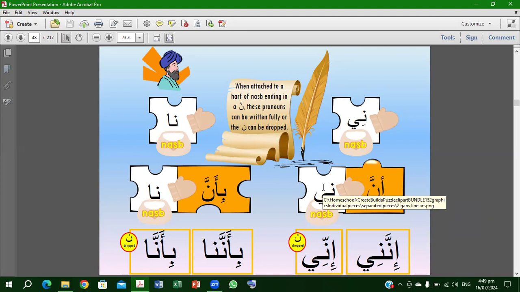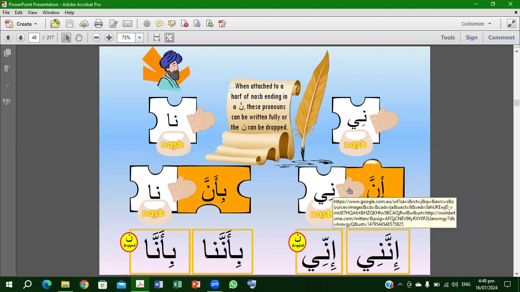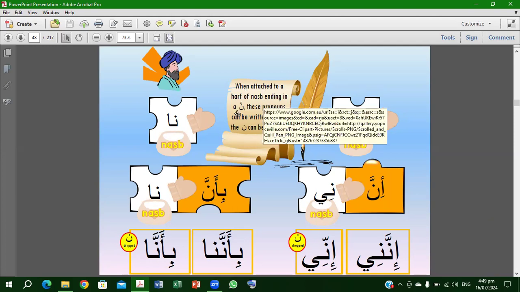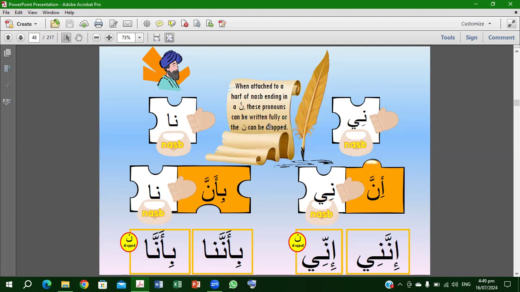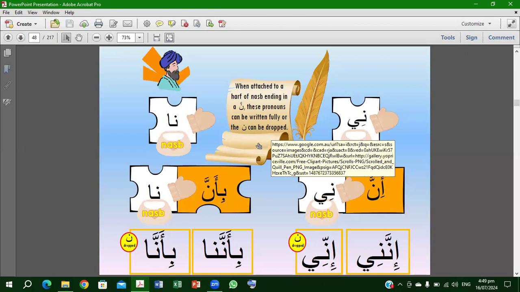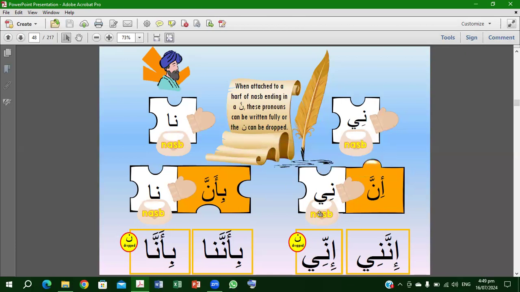Okay, it means me. So if it is ni and inna, then one noon can be dropped. When attached to a harf of nasab ending in a noon, these pronouns can be written fully or the noon can be dropped. So it can be innani like this.